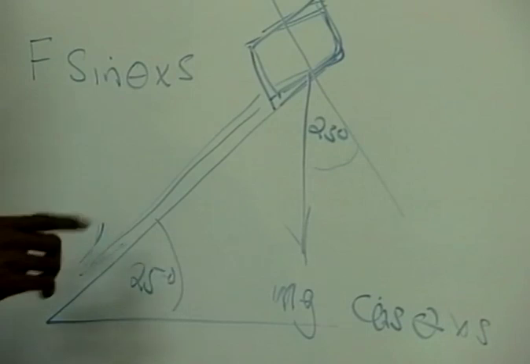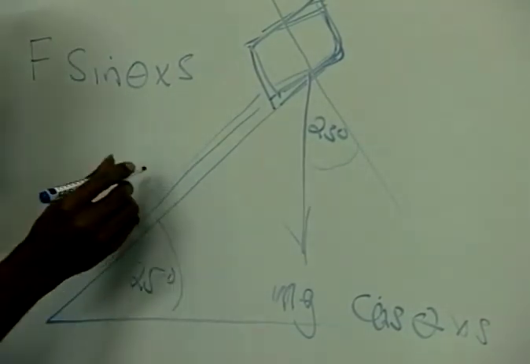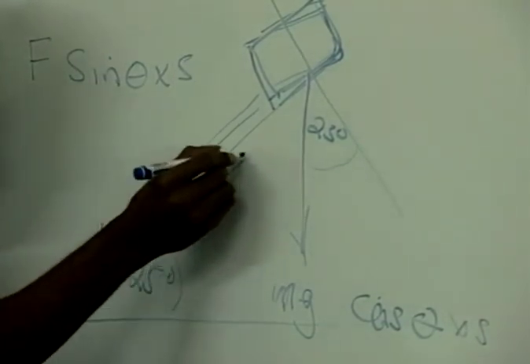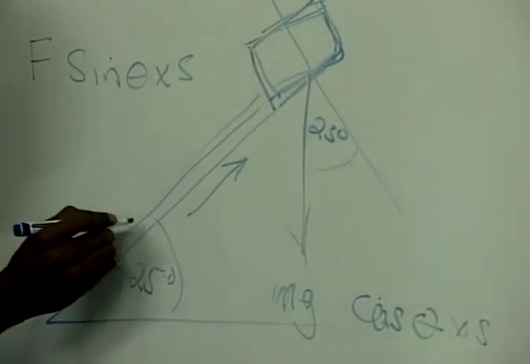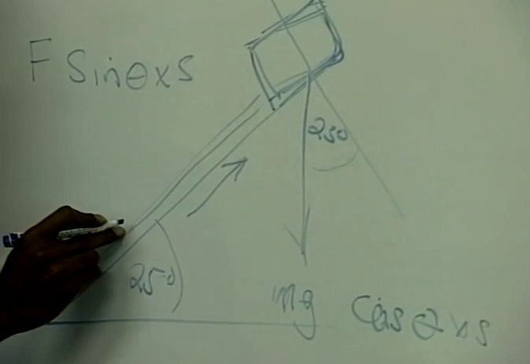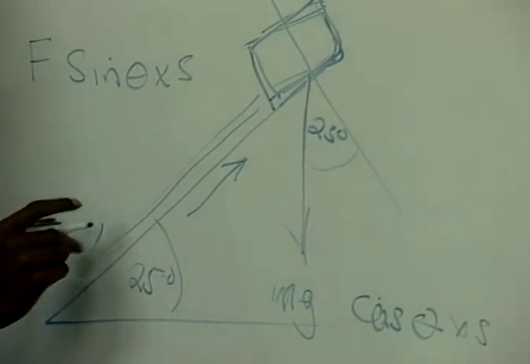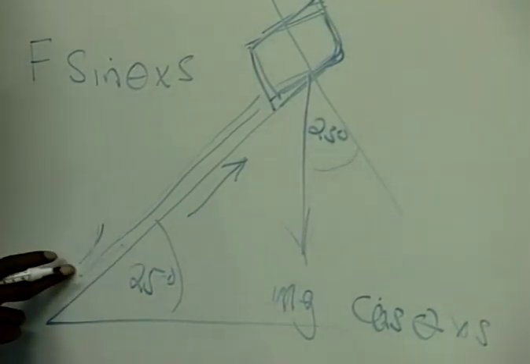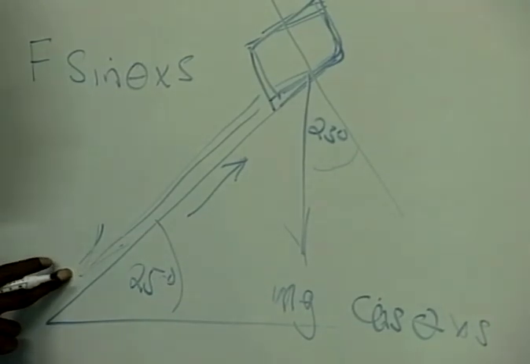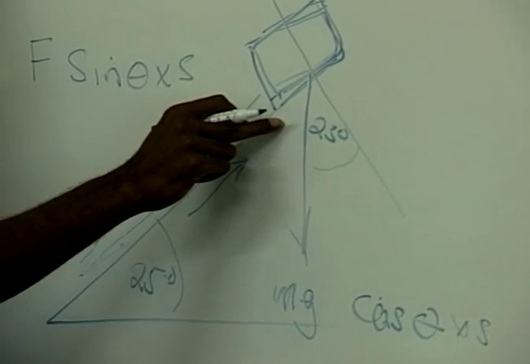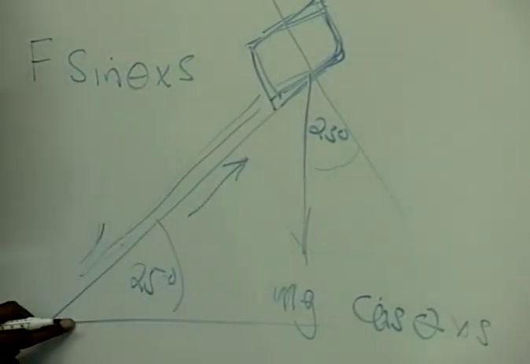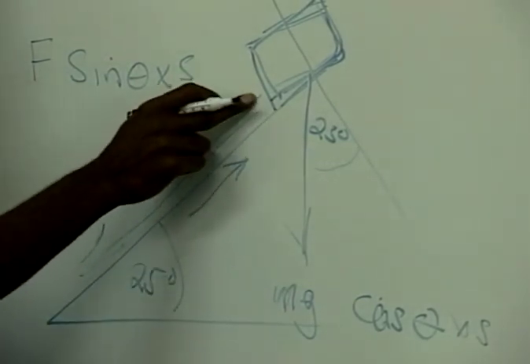Now also, if this object is sliding down this rough inclined plane, there is always a frictional force acting in the opposite direction.